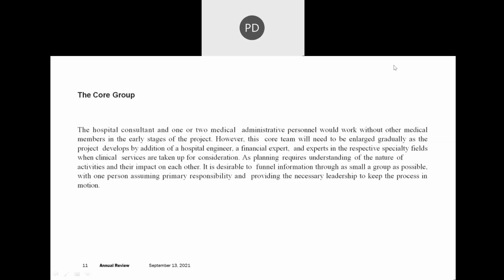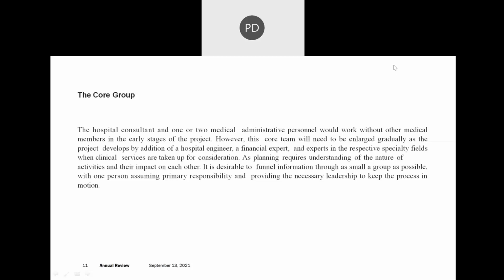Next, gradually, when the project is developing, this core team would also include the hospital engineer, financial expert, architects, and also the people who would be providing clinical service in the hospital, like doctors and all specialists, consultants.